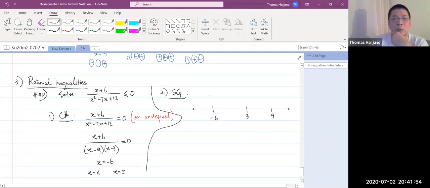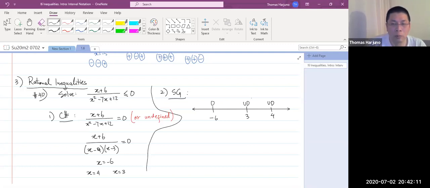Negative 6 will make it 0. 4 will make it undefined. When x equals 3, the expression will also be undefined. Okay, now the ones that make it undefined are also critical numbers, because if there's any change of sign, it must happen at the zeros or the undefined.